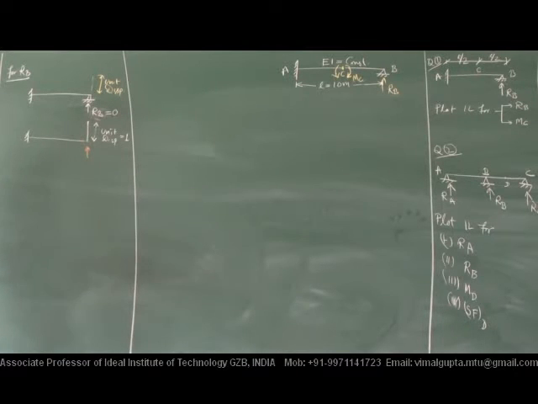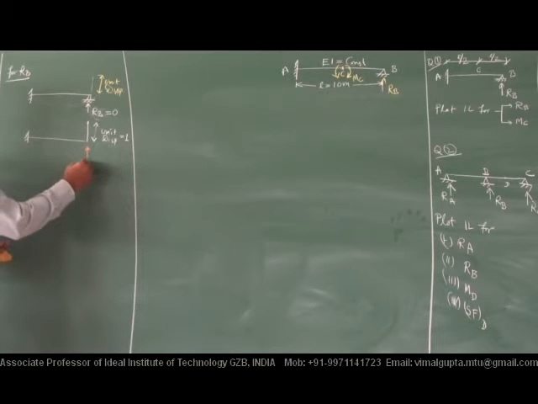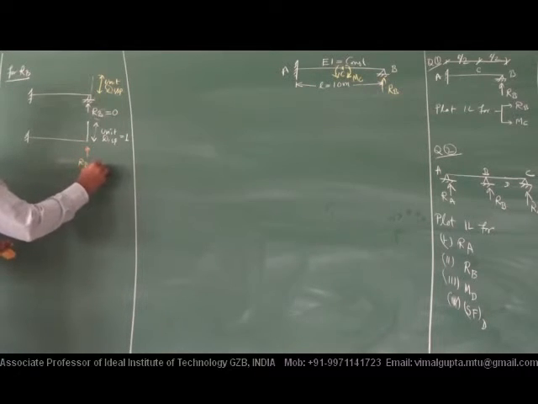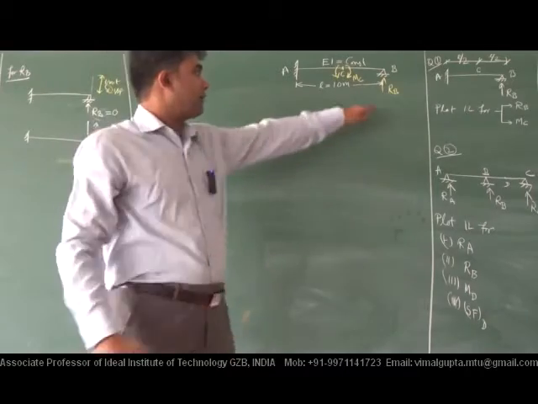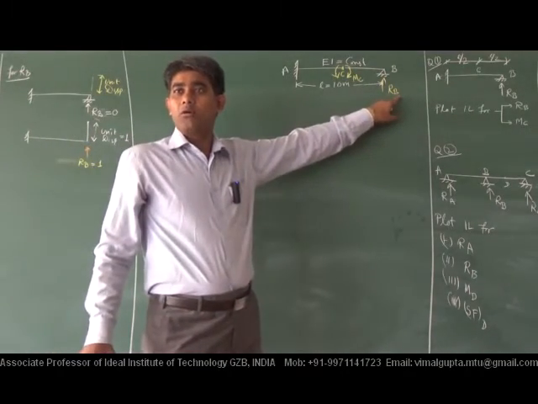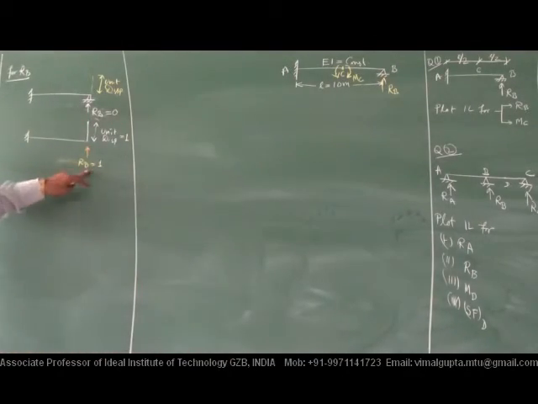So for this, what we are doing is applying a unit load here, meaning RB equals 1. Whatever the value will be, we do not know. But here we will apply 1.